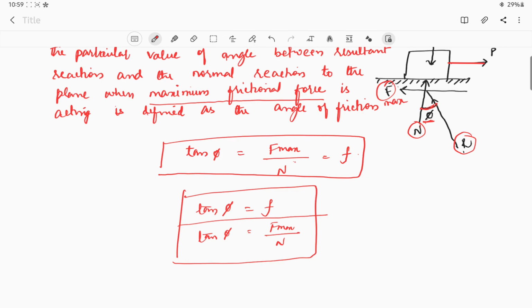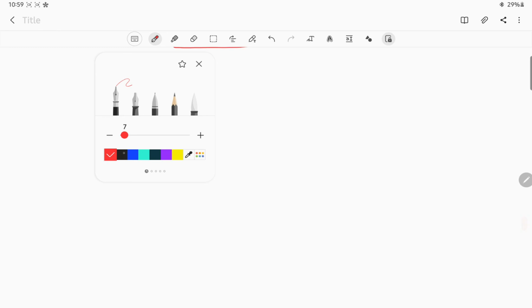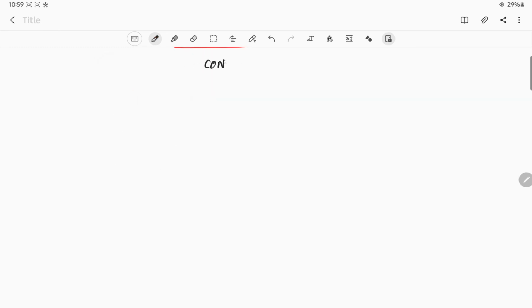And next we have the cone of friction. What is the meaning of cone of friction?